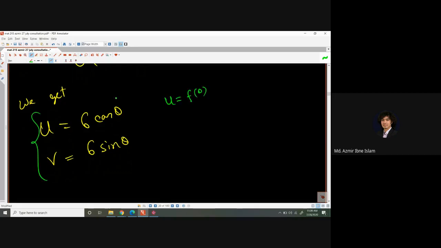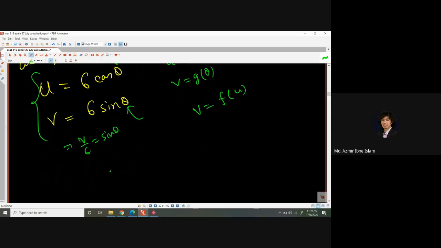You can see here the input is theta, and for u and v we have functions of theta. So if we need v equal to f of u, we have to find theta from this equation. So v over 6 equals sine theta.